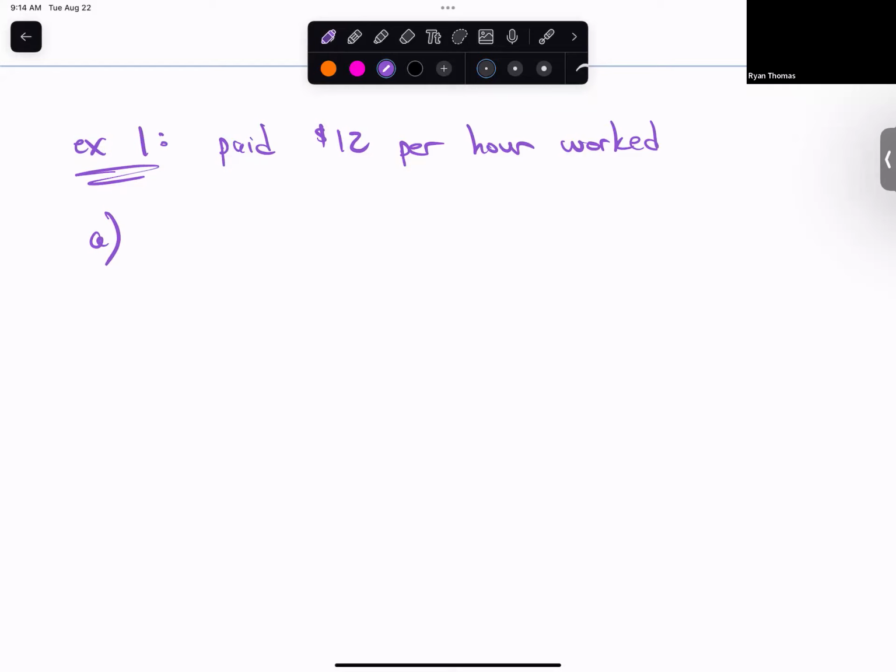Okay, multiply the number of hours by 12. Why, Micah, should we multiply the number of hours that you worked by 12?